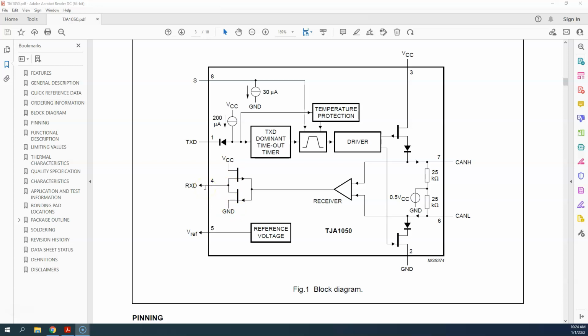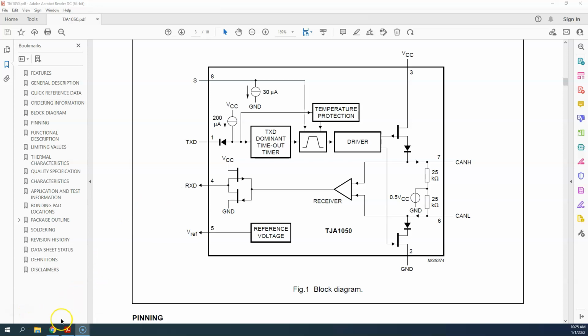To make it simple, we'll say that if we put a logic 0 in place here, a logic 0, as you recall, is going to have a difference in CAN high and CAN low of approximately 2.5 volts. We could design this so that the receive out would also give us a logic 0. That makes it easy for us to take a look at this. If I put a string of 1s and 0s in, I would expect to see the same string of 1s and 0s at the receive pin.